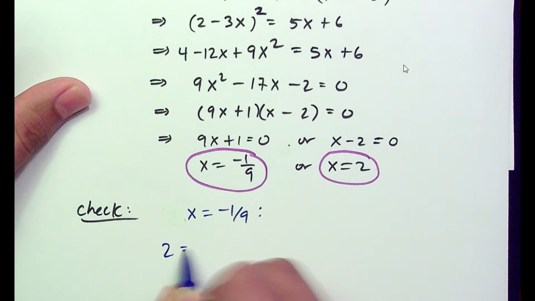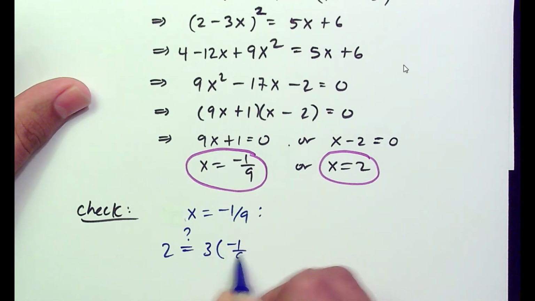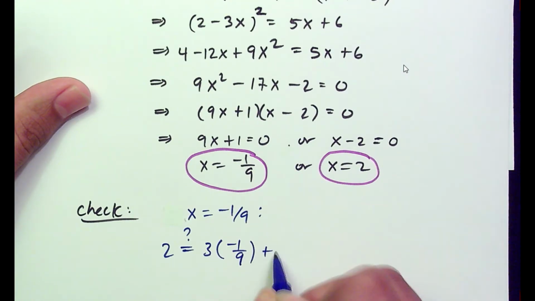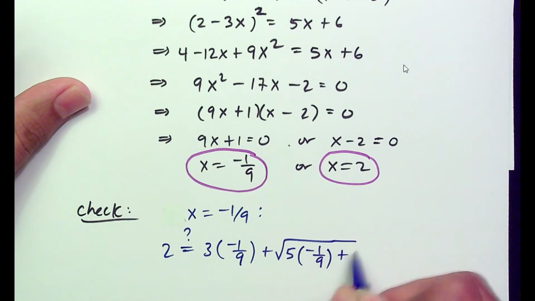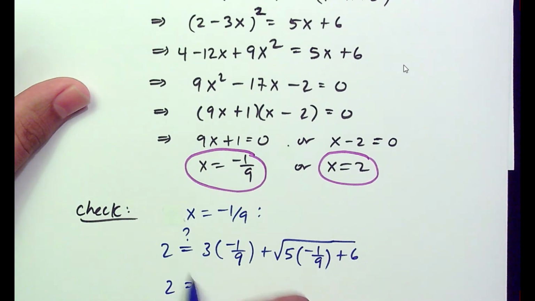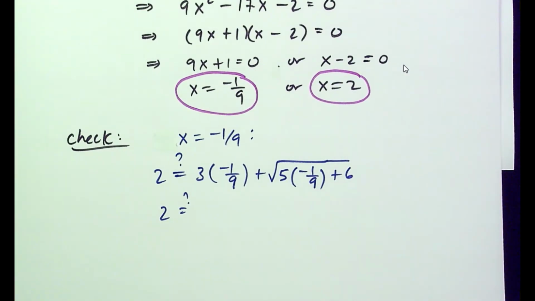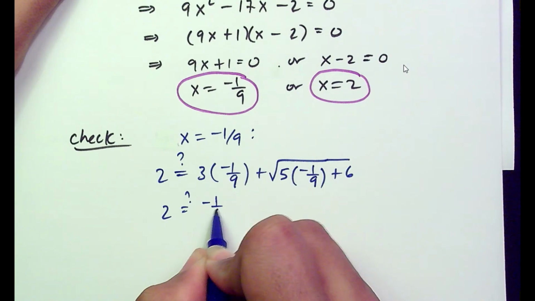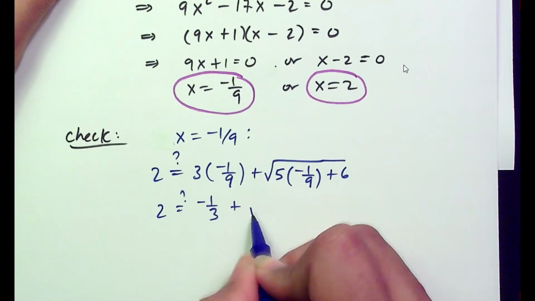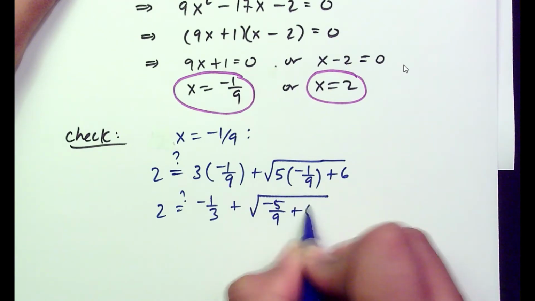So is it true that 2 equals 3 times negative 1/9 plus the square root of 5 times negative 1/9 plus 6? Is it true? Well, we don't know. We're going to simplify. Take your time, one step at a time, and see if this works. So canceling a 3 here, you get negative 1/3. Multiplying here, this is negative 5/9 plus 6.